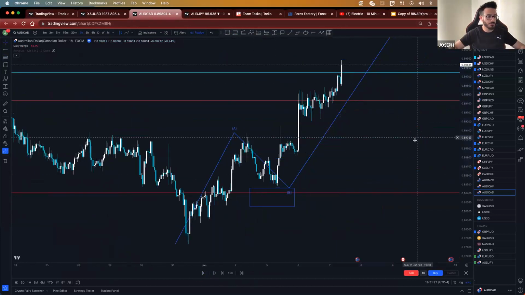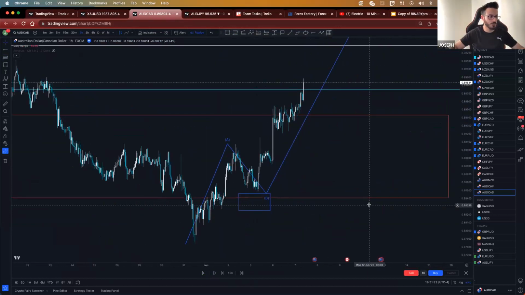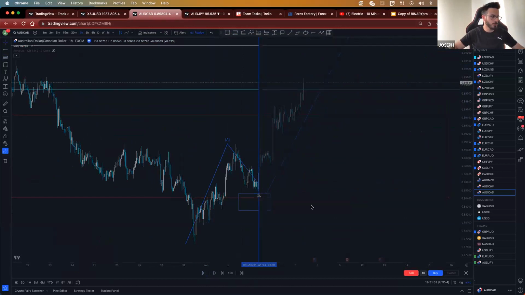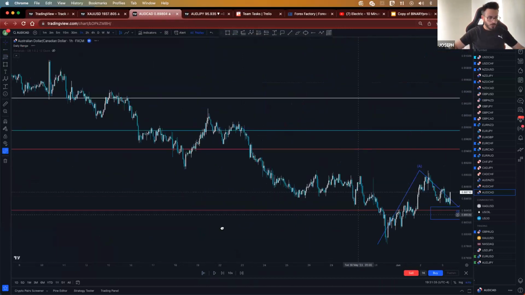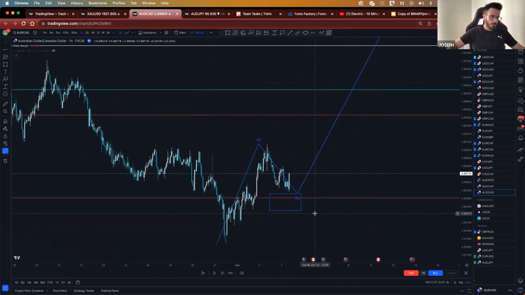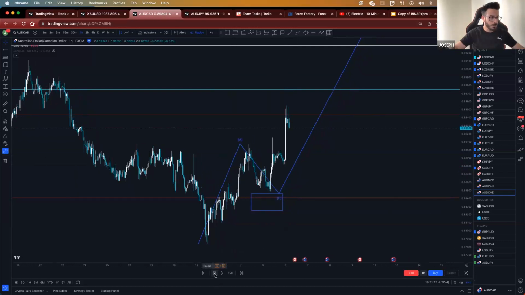So let me show you how the SK system works. Let me go back. So the SK system works. I get a move. I want to see if we're going to get a correction from our Fibonacci. So I'm going to see what's going to happen. All right.